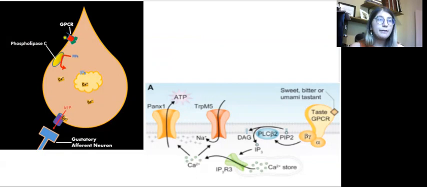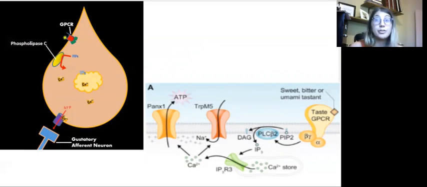As the foodstuff or the tastant enters the mouth, I'm going to show you this on both images because I think they're both helpful in their own way. Let's first go with this blue one here. This is the foodstuff entering the mouth, represented here by the diamond. Let's say you have soy sauce or something that contains glutamate.